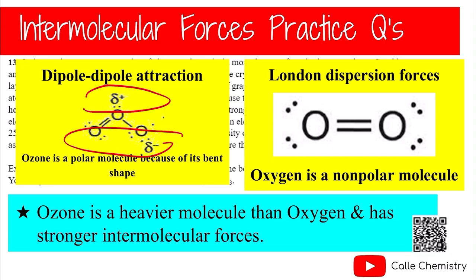If you start chopping it up, vertically, etc., it's a polar molecule. O2, on the other hand, oxygen is a nonpolar molecule. If you start chopping it up, you will have symmetry all around. So this is another way to explain the difference in boiling points.